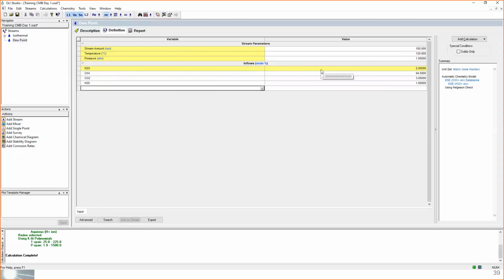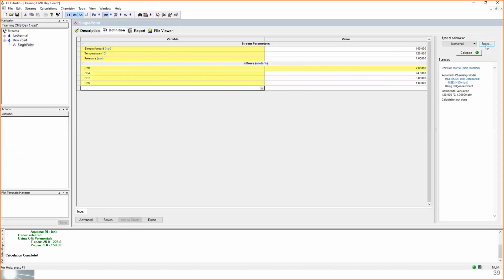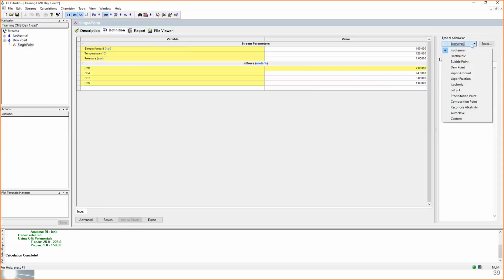Okay, so let's add a calculation to the right, a single point. Instead of using the isothermal option, click on it and select the option dew point.